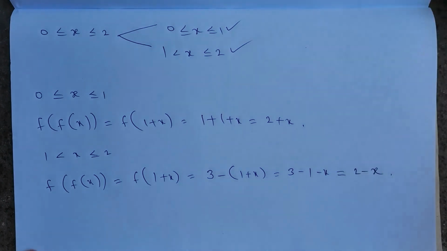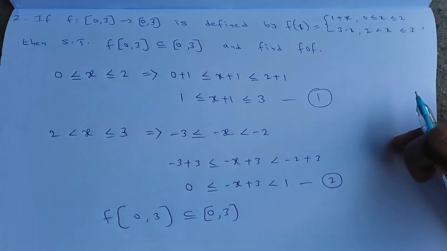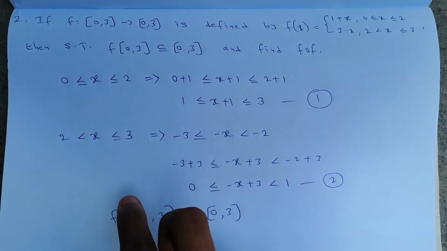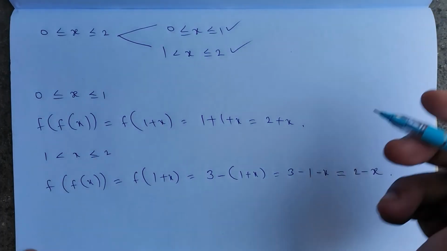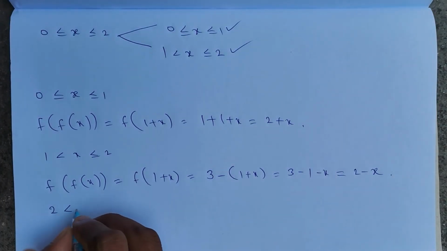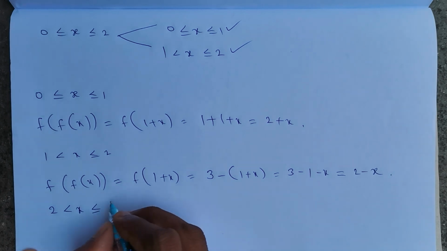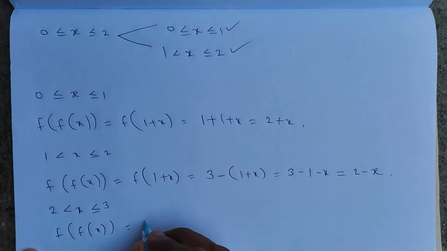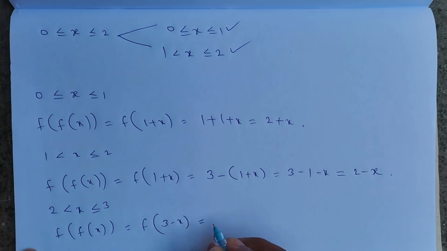Now I am going to the third condition. Here the third condition is as it is, 2 < x ≤ 3. Then we need to find f of f of x, where f of x value is 3 − x.